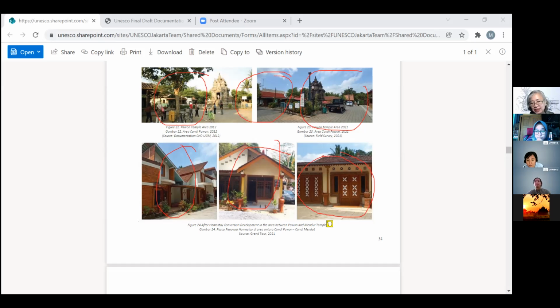So they will add one house, one room, or something. Also using brick is the idea, but we don't have the document. This is our problem. But we made an interview, and from the interview they mention that the government would like a design that looks like Majapahit.